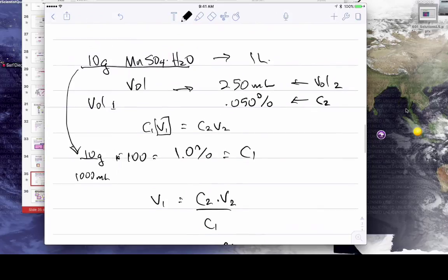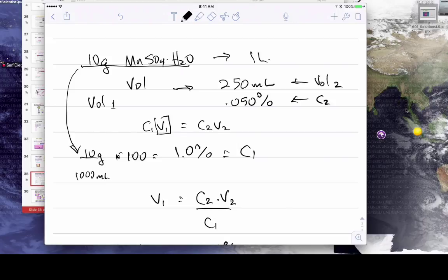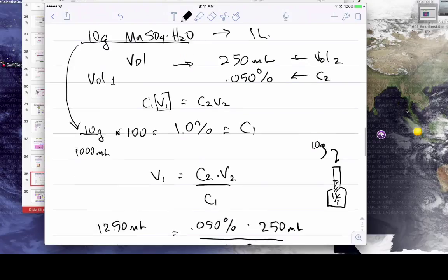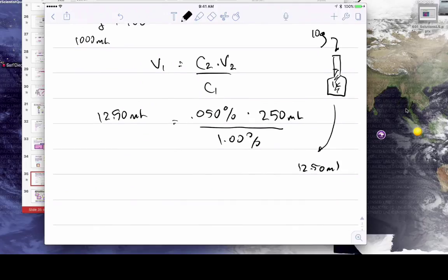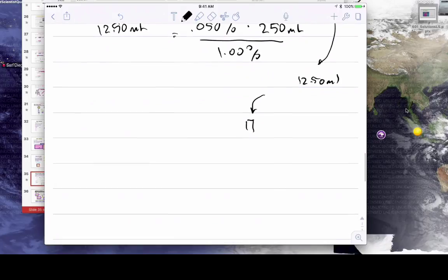So when we put the 10 grams into the 1 liter solution and we fill to the mark with water, then we can draw from that 12.50 milliliters and put that into a 250 mL flask and fill to the mark with water.